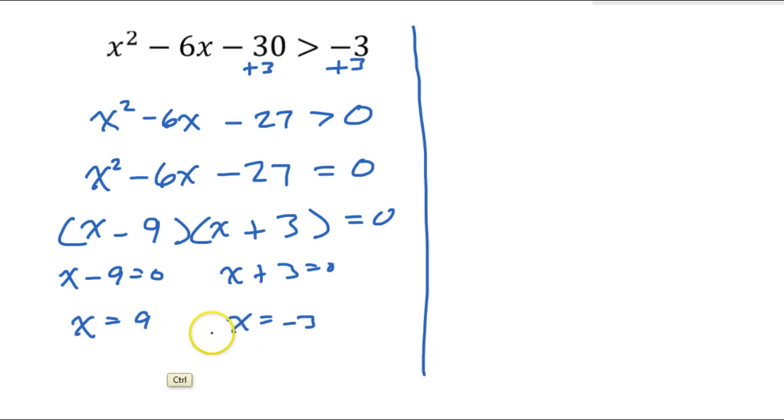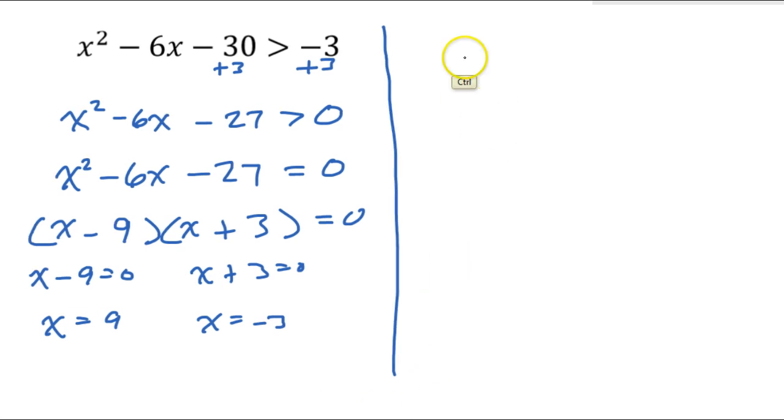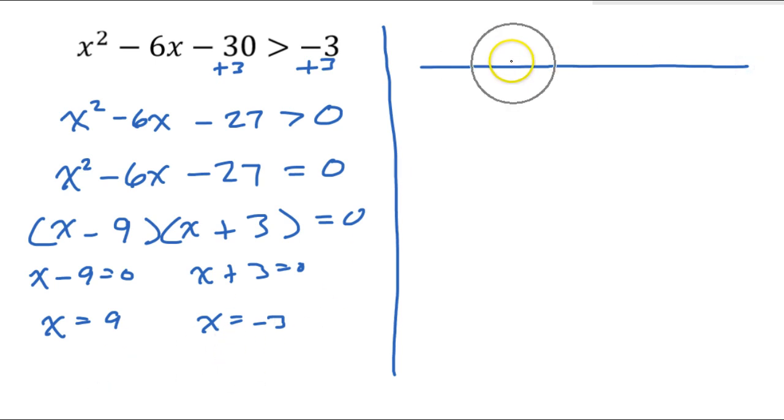What we do with these critical values is we graph them on a number line. So here's the number line. Put these in order. So here's negative 3, and here's 9. That's all we need in terms of a number line.